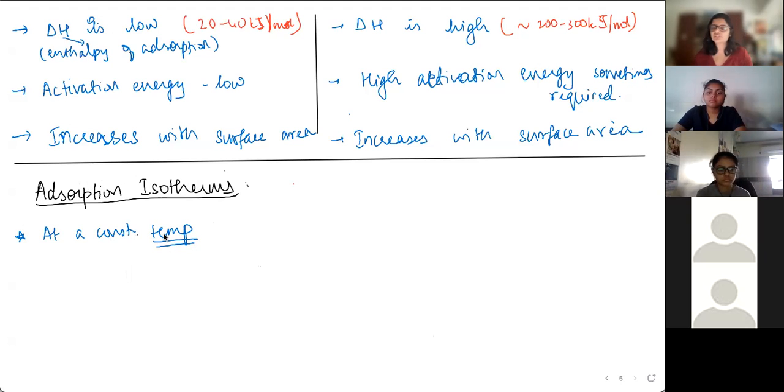So adsorption isotherms are a graph between pressure versus something called x by m. x by m is like how you measure the adsorbent. It's literally a fraction.